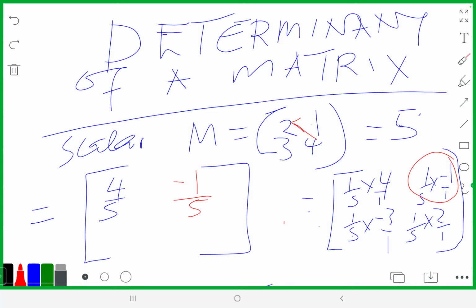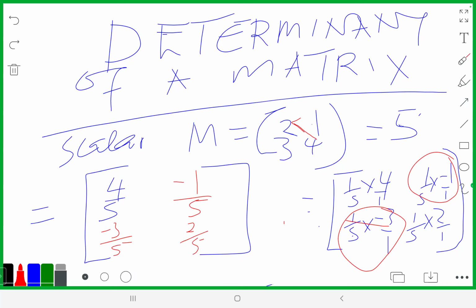Then 1 times negative 3 is negative 3, over 5 times 1, so 5. And 1 times 2 is 2, over 5 times 1, which is 5.